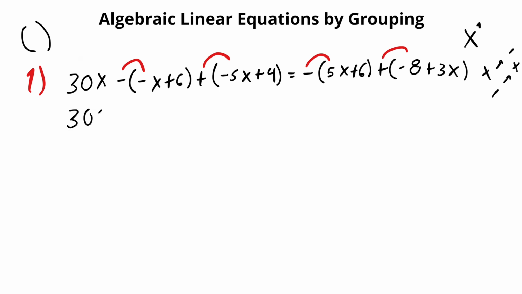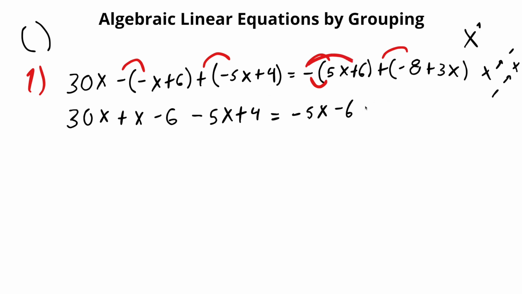So, 30x minus minus, which will be positive x, minus 6, since negative times positive means negative, minus, since positive times negative is negative, 5x plus 4, positive times positive is positive, it is equal to negative 5x. Do you know why? Well, negative times positive, and then negative 6, since negative times positive. Alright, in the fourth parenthesis, we'll have negative 8 plus 3x.